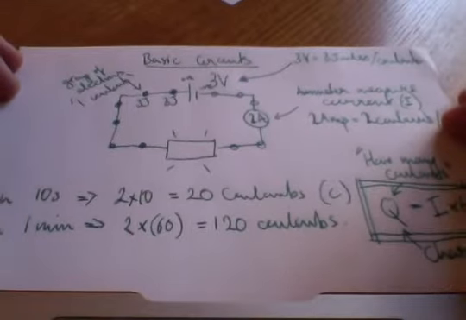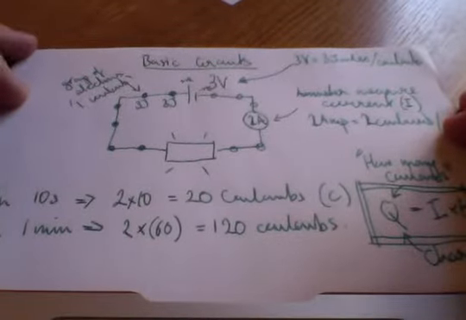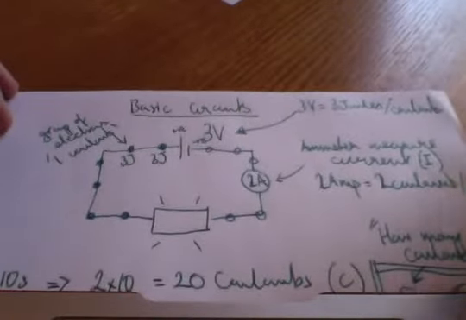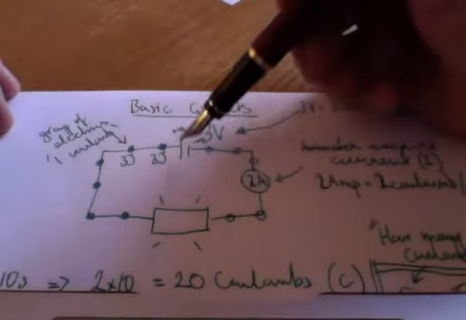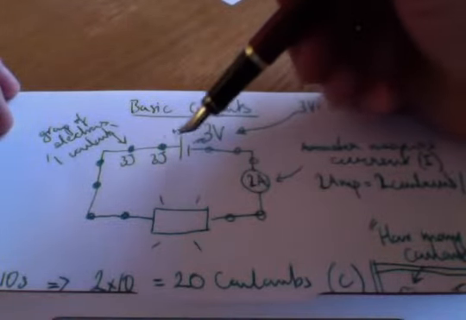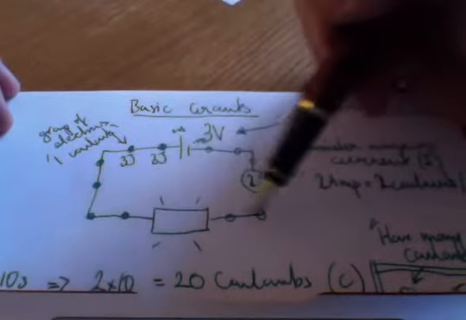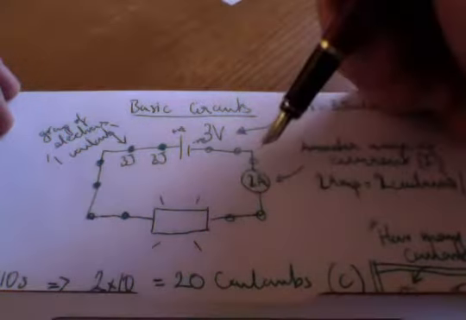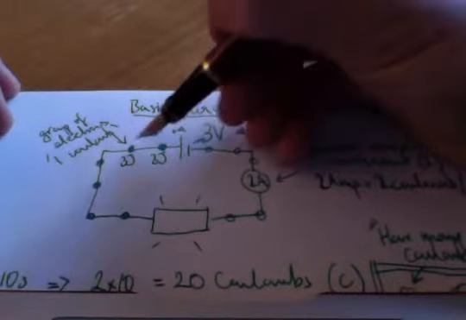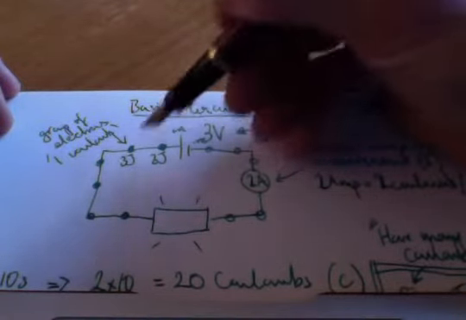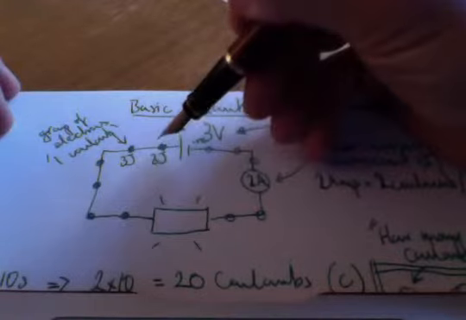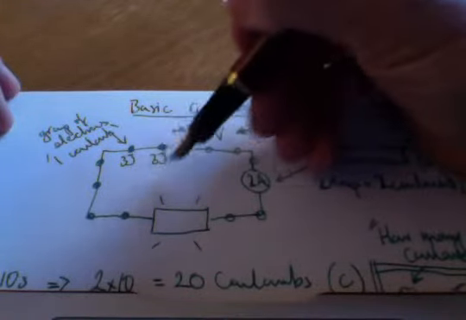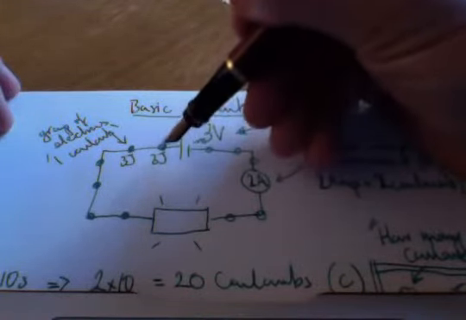Okay, excellent. So, if we now want to talk about how much energy is coming out of this battery per second and how much energy is flowing around the circuit per second, then we're going to have to bear in mind 2 things. One is, we need to work out how many coulombs are coming out of the battery per second, and then we need to know how many joules each coulomb takes.